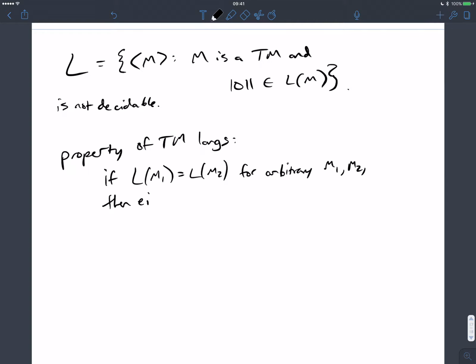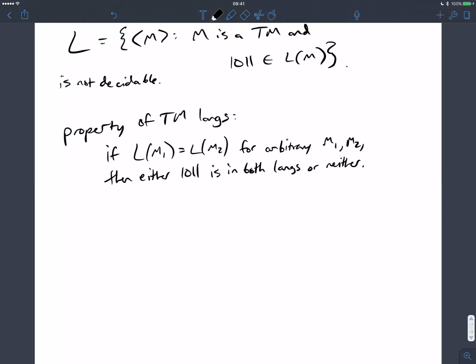Then either 1011 is in both languages or neither. Yep. Super. And then we've got to show it is non-trivial. Is there ever a situation where the property of Turing machine languages doesn't apply when trying to use Rice's theorem?